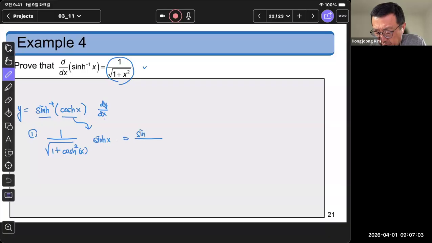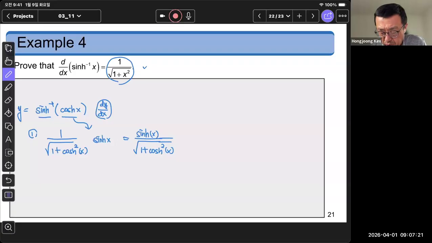So the answer will be hyperbolic sine of x over the square root of 1 plus hyperbolic cosine of x squared. That is one way to derive dy/dx.